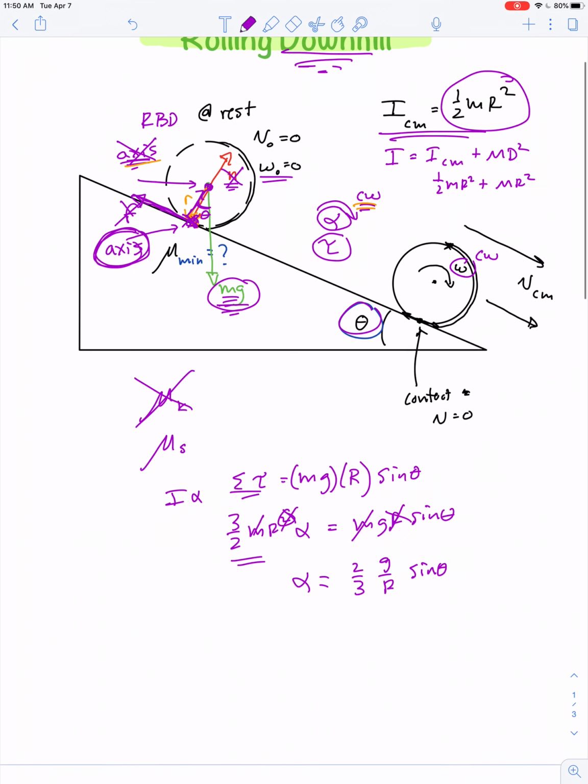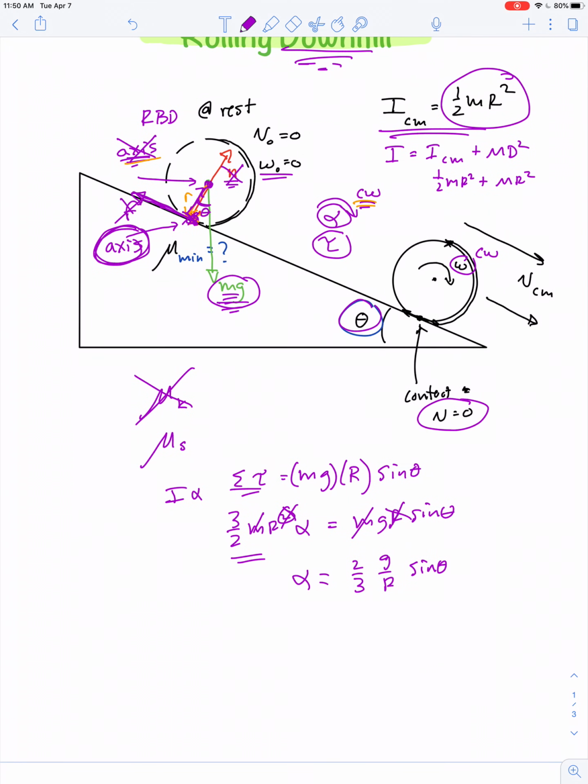But because this is pure rolling motion and there's no velocity at any given instant between the contact point and the disk itself, then we know the acceleration of the center of mass has to equal alpha times r. So we get the acceleration of the center of mass is equal to 2/3 g sine theta.